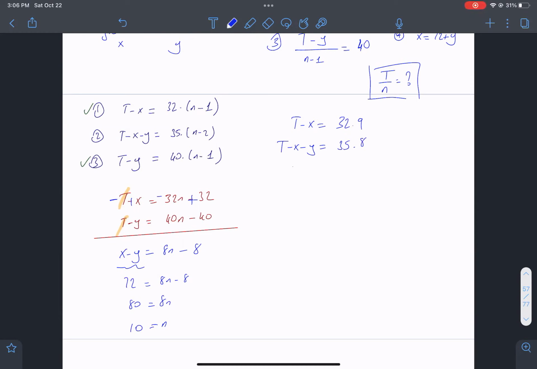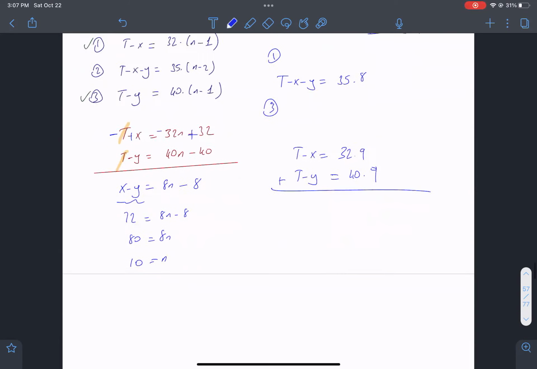The third equation: T minus y is equal to 40 times 9. Again, let's take the first and the third, and add side by side.